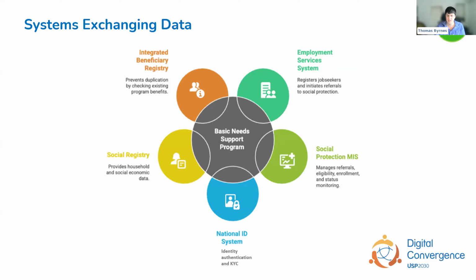Now, of course, just a note, for these use cases, you don't necessarily need all of these systems to be in place, but for this illustrative example, we're including all of them to show the different process flows. So if we can go to the next slide.